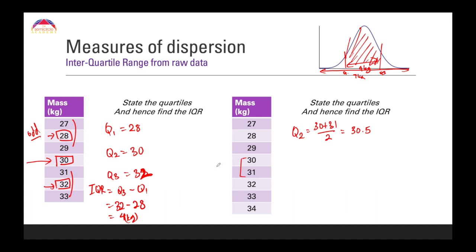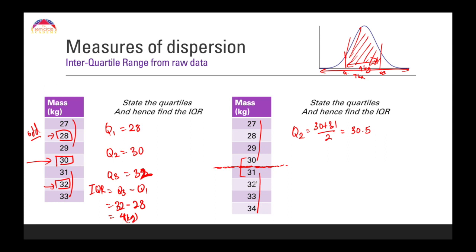Now, we can tell that the 30.5 is lying right here in the middle. I have the 30 on this side and the 31 on this side, and this is my halfway mark. So if this is my halfway mark, that means I have an even number of data in this half, and an even number of data in this half.